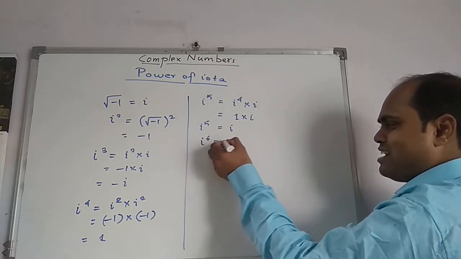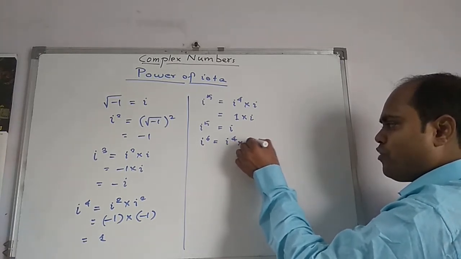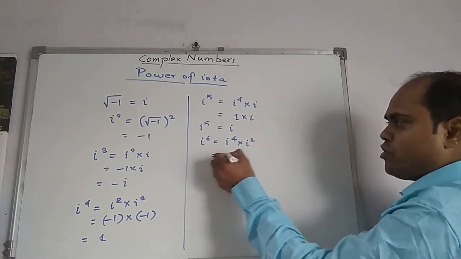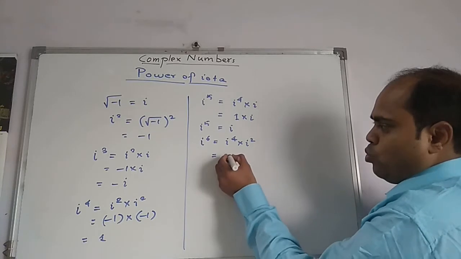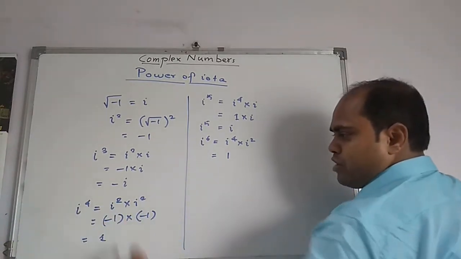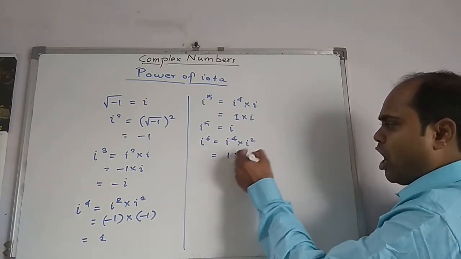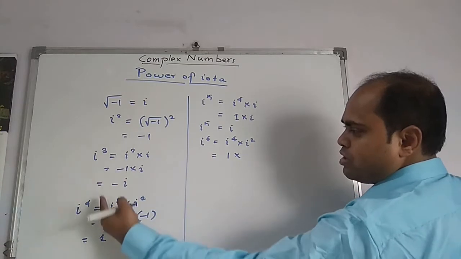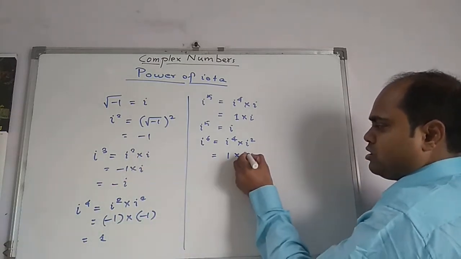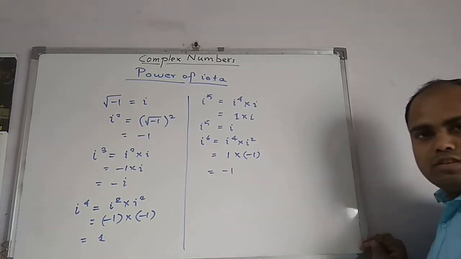So we can write it as iota raised to 4 multiplied by iota square, and iota raised to 4 is 1. We have already found the value of iota raised to 4. So we have 1 multiplied by iota square, which is equal to minus 1. So we have minus 1.